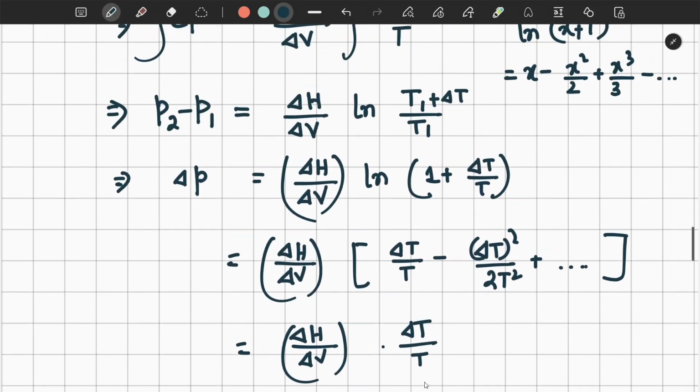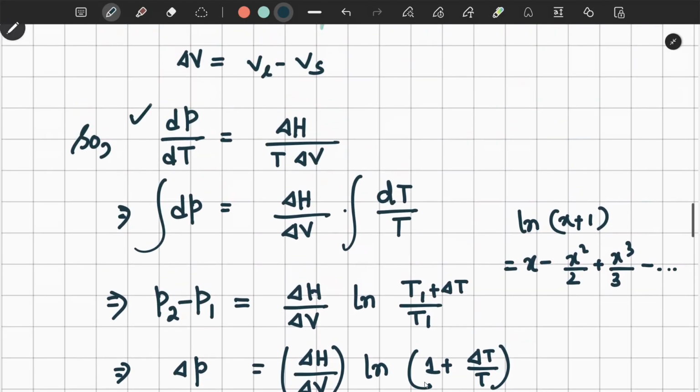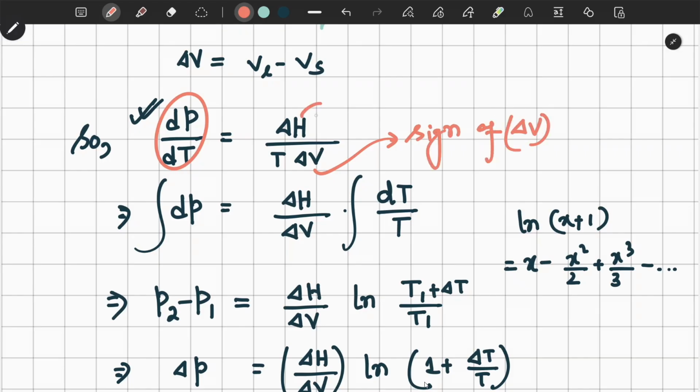But this is not necessary. We can consider this general formula as well. But what is important here is this slope, the slope of the curve. This slope of the curve will totally be determined by the sign of delta V, because other things are positive. This is a positive quantity, this is a positive quantity.